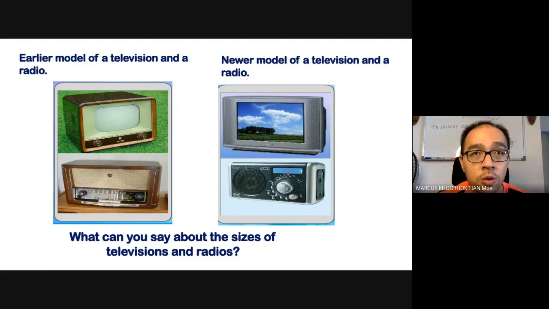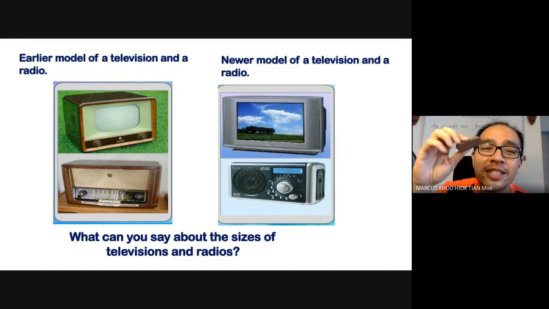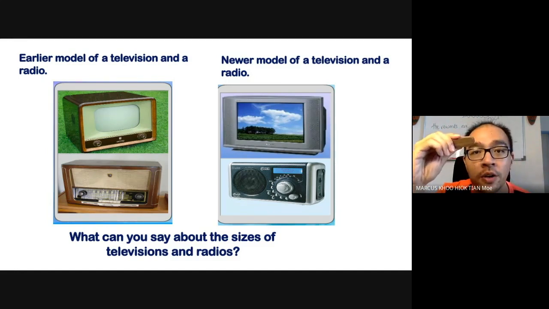When I first started using a pen drive, I don't know who uses pen drives nowadays, it was this huge thing, and it could only hold 512 megabytes.